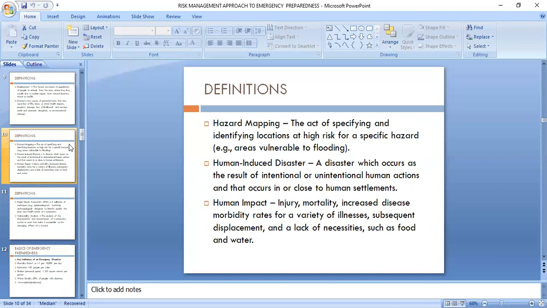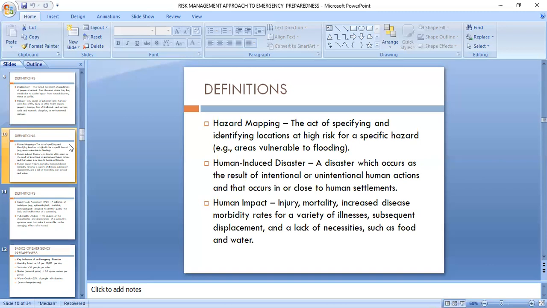Then you have human-induced disaster. So human-induced disaster is a disaster which occurs as a result of intentional or unintentional human actions, and that occurs in or close to human settlement. So human-induced disaster is a disaster that is basically initiated by human, either deliberately or innocently.